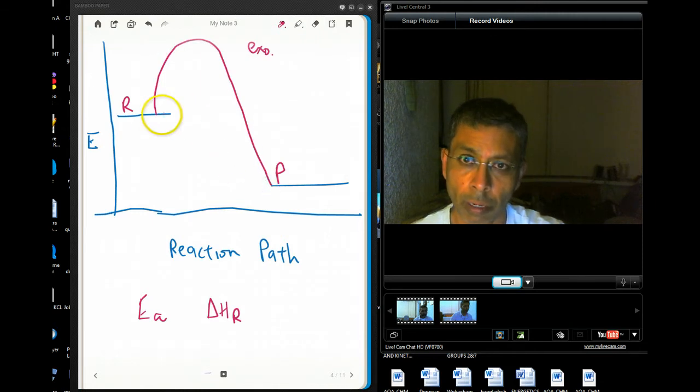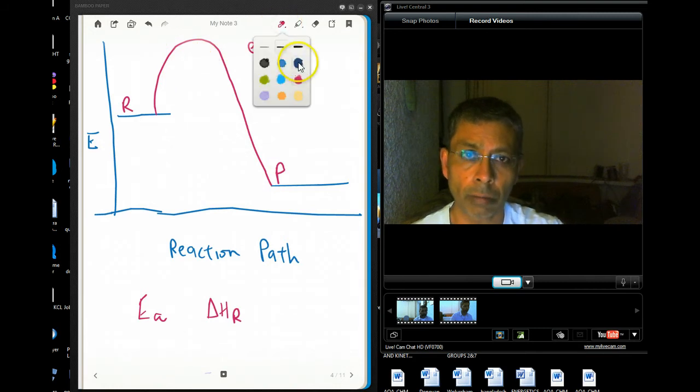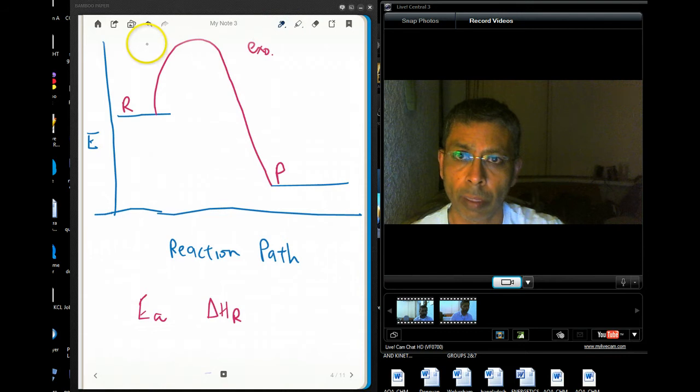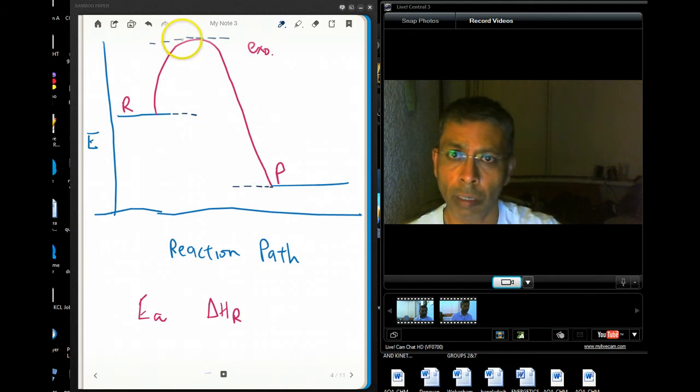like that. Make sure you do the curve where it touches the reactants line and it touches the products line. Okay, now you can start to label your graph. Dashed line at the top of the curve and just there and over here.